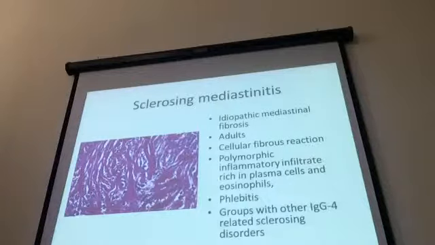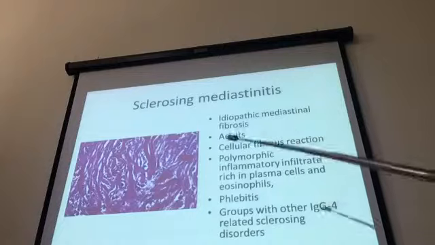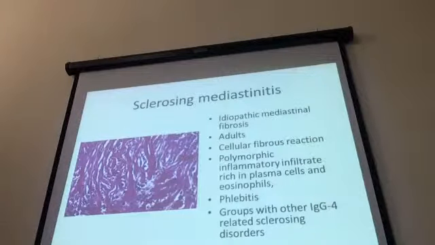Remember we talked about the Kuttner tumor in the submandibular gland? One of the IgG4 diseases. When we talk about the pancreas, we'll talk about autoimmune pancreatitis, which is one of these IgG4 diseases. Sclerosing cholangitis, another of this sort. And some mesenteric sclerosing diseases are also IgG4 diseases.